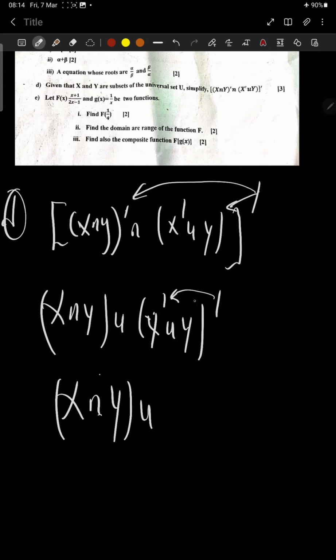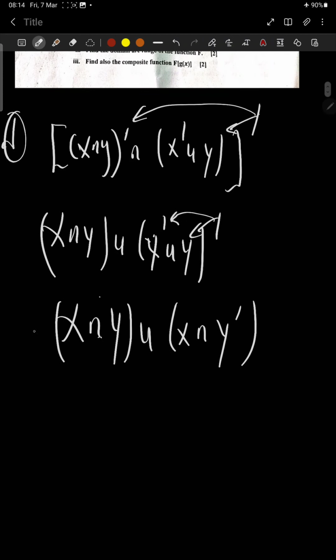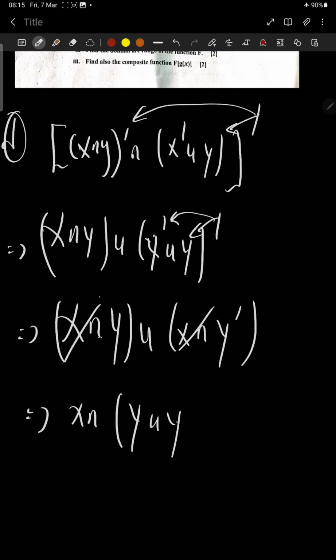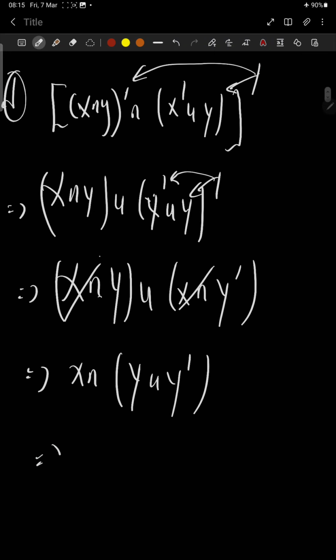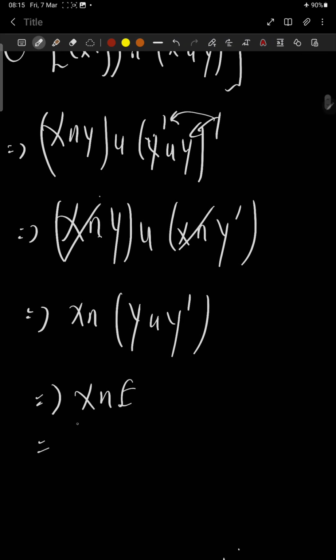Then this complement will go inside to there and there, so it will be x, then this will change to intersection y complement. So here, I'll factorize the x intersection. If I factorize it, what will remain is y union y complement. Now y union y complement is universal, and x intersection universal is x. That's the answer.